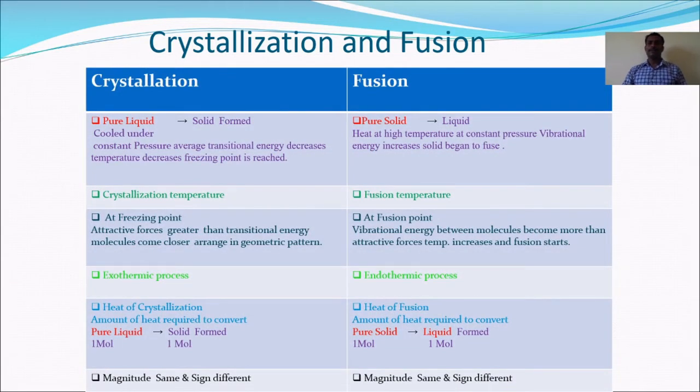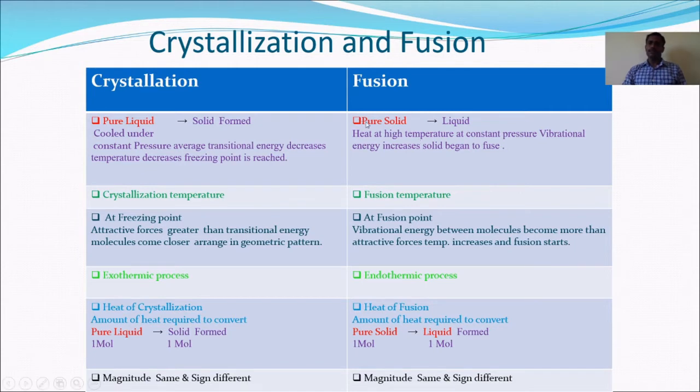So the next point is crystallization and fusion. Crystallization is like formation of ice and fusion is melting of ice. In the crystallization process, we take pure liquid that is cooled under constant pressure, and due to that its average translational energy decreases, temperature decreases, and attractive influence becomes more, and due to that atoms, ions and molecules arrange in a regular manner, and there is formation of solid at its freezing point.